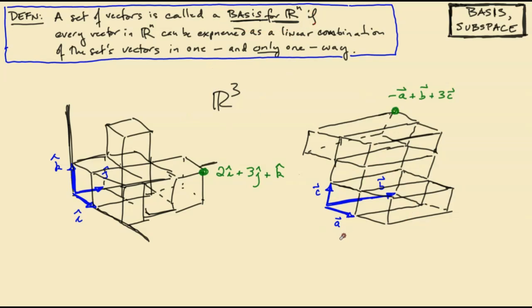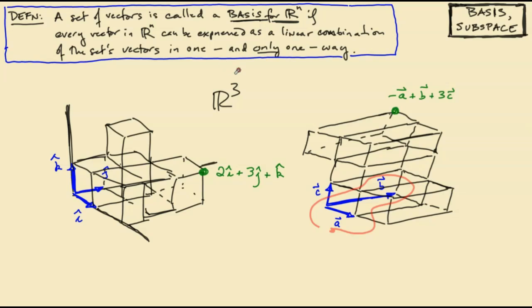What if we were to restrict our attention to vectors A and B? They are linearly independent vectors, of course, neither lies in the span of the other, but do they constitute a basis for R3? We know they're linearly independent, so that's a step in the right direction, which means that anything that can be represented as a linear combination of the two of them can only be represented in one way, but they are not a basis for R3 because not every vector in R3 can be reached by them.